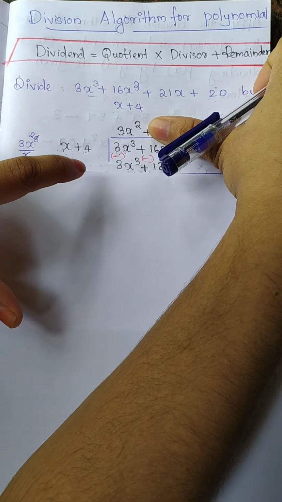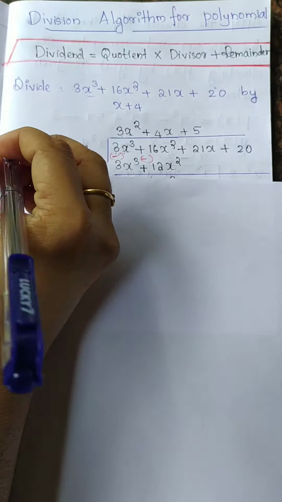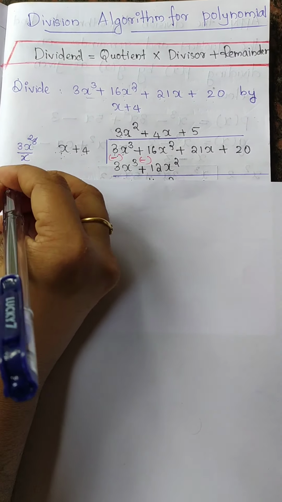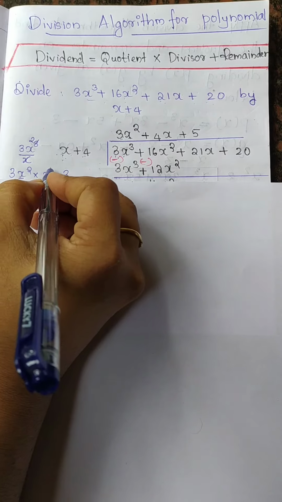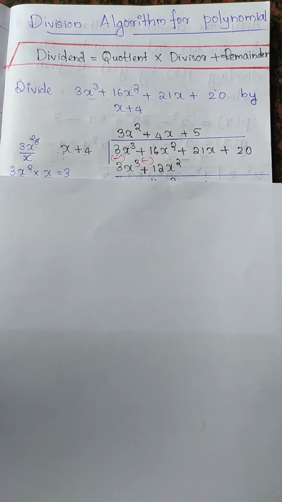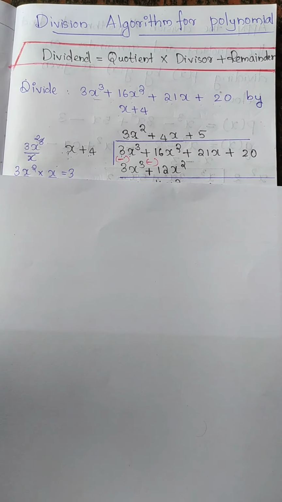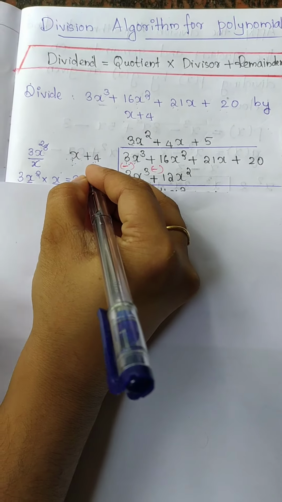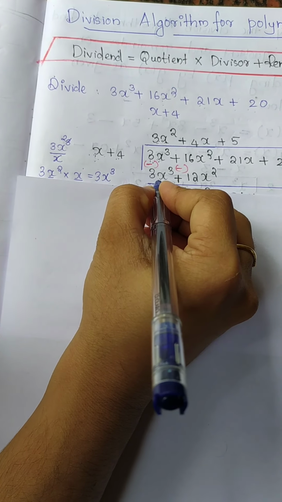What is the answer? We have studied power notation: x raised to m into x raised to n is x raised to m plus n. That means x raised to 2 plus 1, that is 3. So we get 3x cube. We write the 3x cube here.